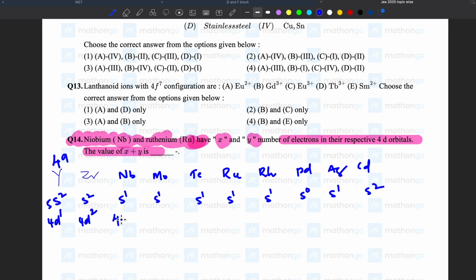When we come here, what is needed? 4d3 is needed. This also came the same way, so this becomes 4d4. Right? So this is d5, this is d6, this is d7, this is d8, this is going to be d9, no, d10. So this is also d10, this is also d10. So there are 3 elements with the d10 configuration.